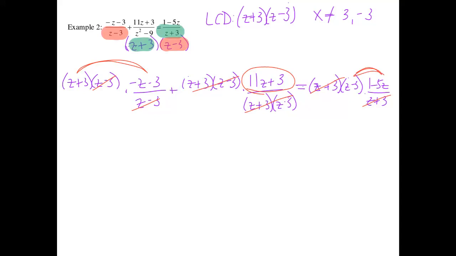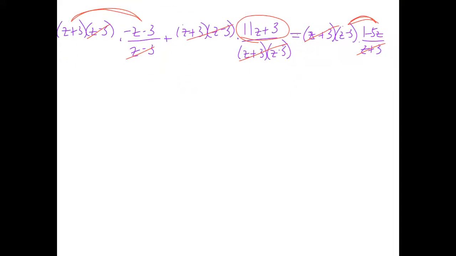So in this case, I've been using FOIL a lot in the previous videos. I'm actually going to show the box for the next step. So let's move this up so we have a little more space. For the first term, if we drop this down right here, we would have a 2 by 2 box. And on the top, maybe I put the z and the 3. On the side, we need negative z and negative 3.